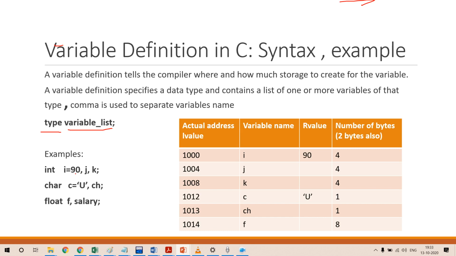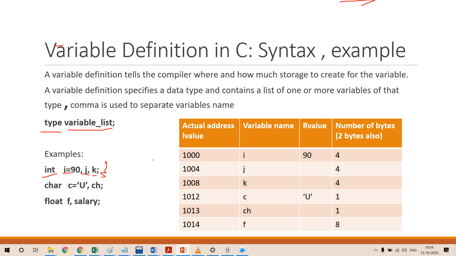Now we'll take one example. I'm going to create three variables i, j, k, which can hold integer type data. For that, the data type int must be used. I can combine all these three in the same line separated by commas, or I can give them in different lines also.